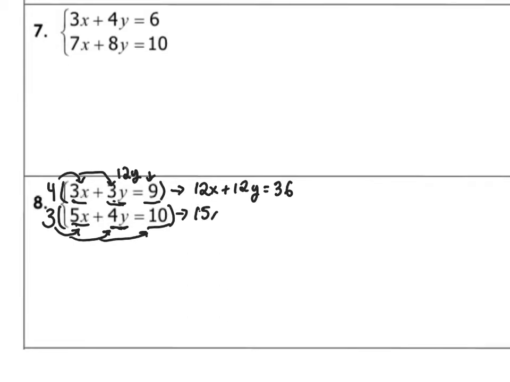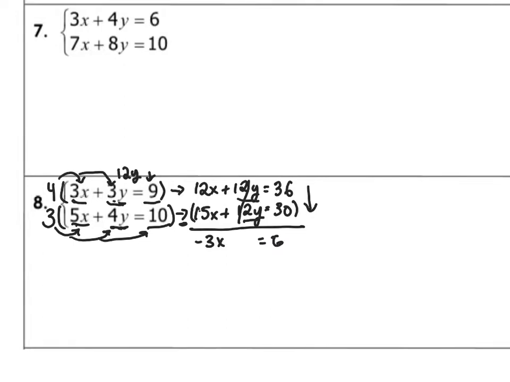We get 15x from 3 times 5x, 12y from 3 times 4y, and 3 times 10 is 30. Now these are the same coefficients for our y's, so we subtract. 12x minus 15x is negative 3x. 12y minus 12y cancels out. And again, make sure you're doing 36 minus 30. We get 6.